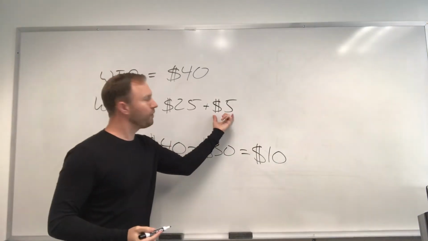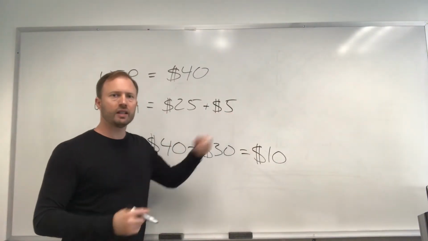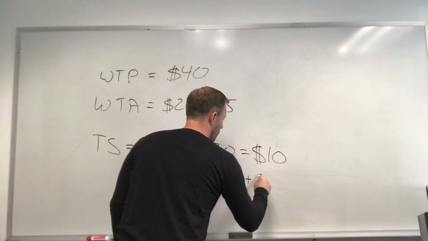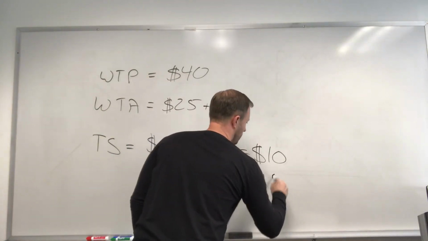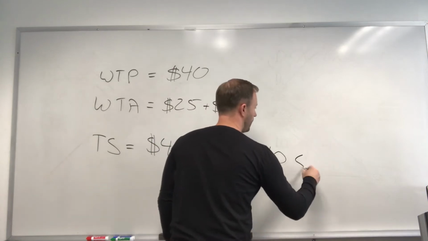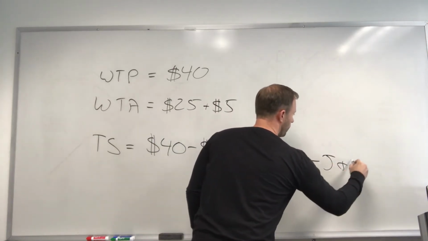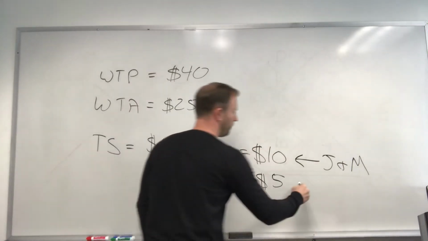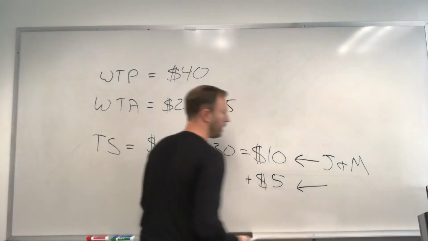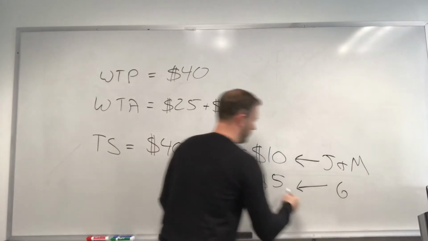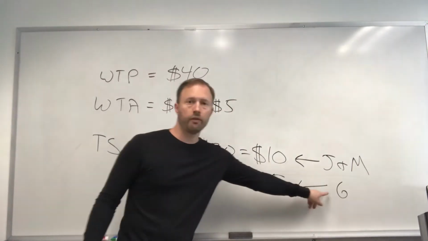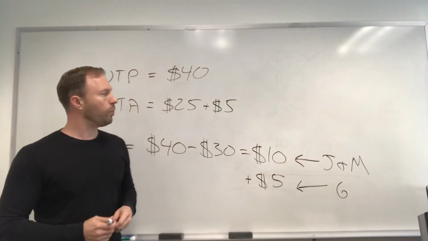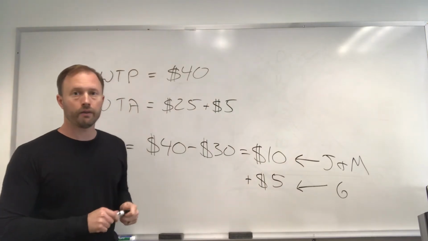However, that $5 that the government is collecting doesn't just disappear. That would still be going to the government. So over here you've got Juan and Maria. They would be getting a total of $10 of surplus or of economic benefit. $5 would go to the government, and then the sum of those is $15, the same as it was in part A of the problem.